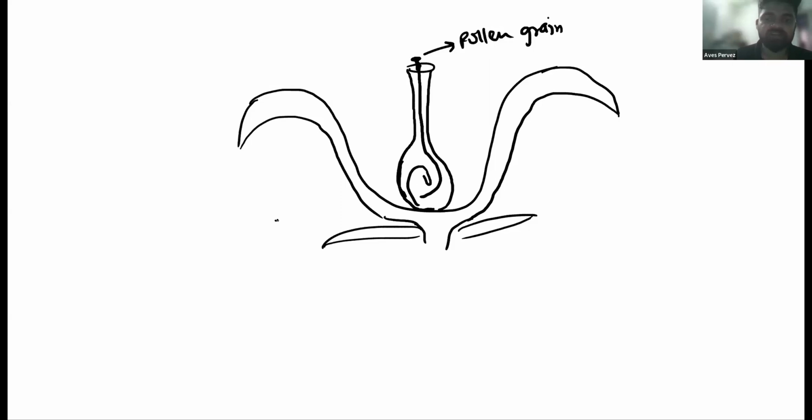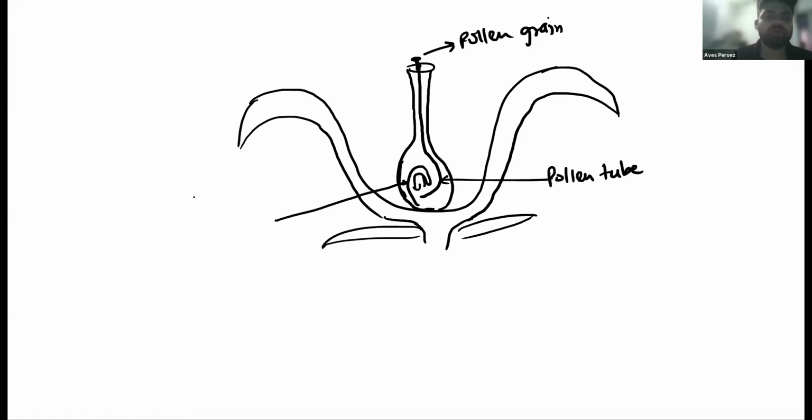Inside the ovary is the ovule. So this is the pollen tube. Why is it moving downward? Because of the chemical secreted by this ovary.